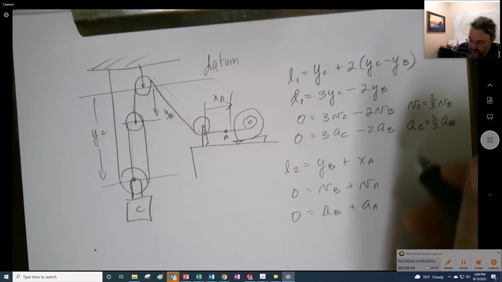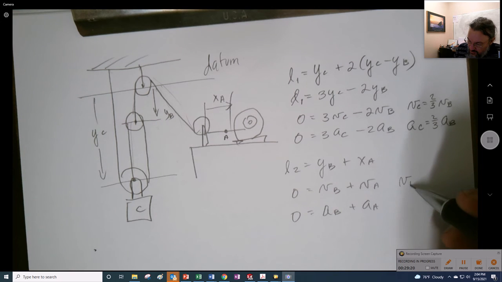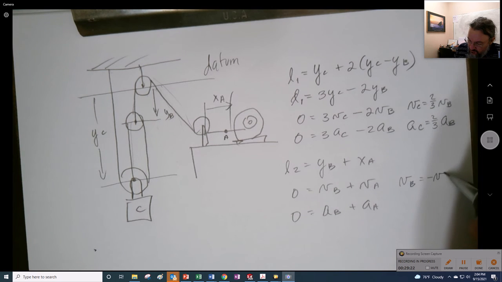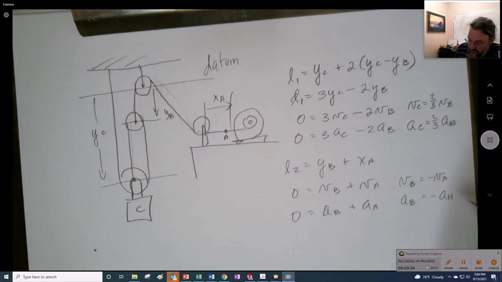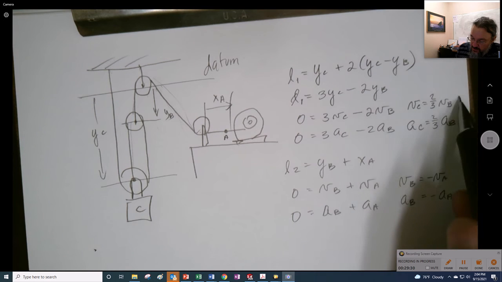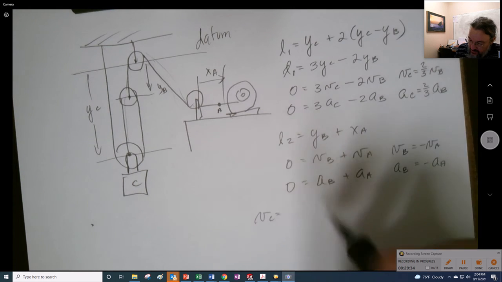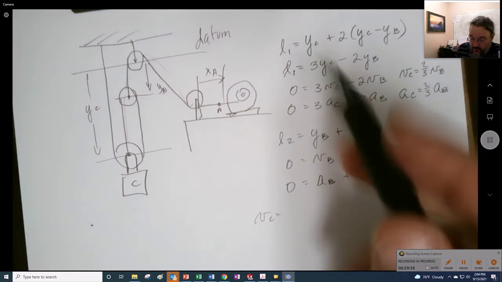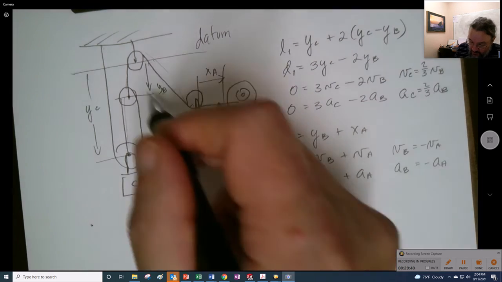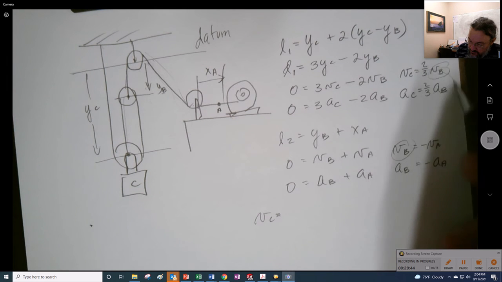So we know that VB is equal to negative VA, and AB is equal to negative AA, the acceleration of A. And we can combine these together, since we don't really care about the position of YB, so let's get rid of it by putting those in.